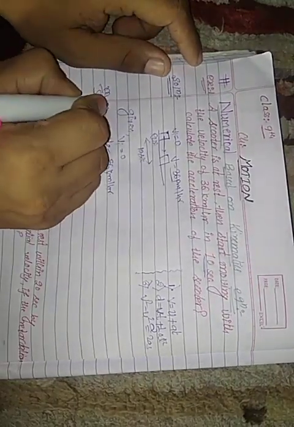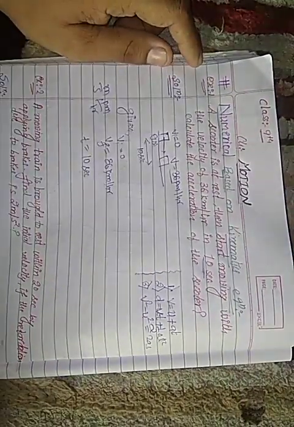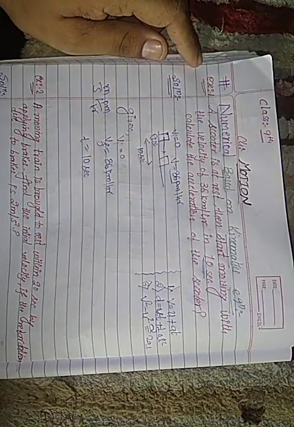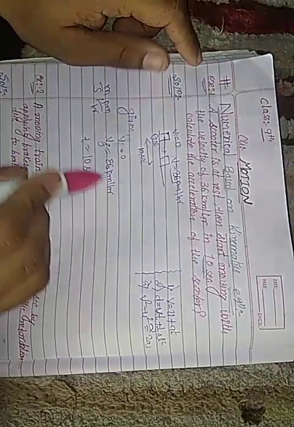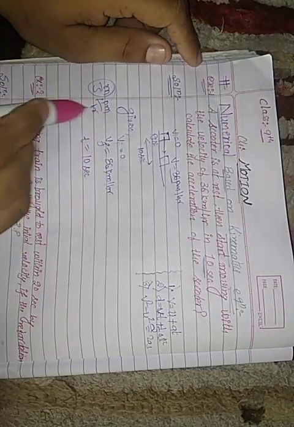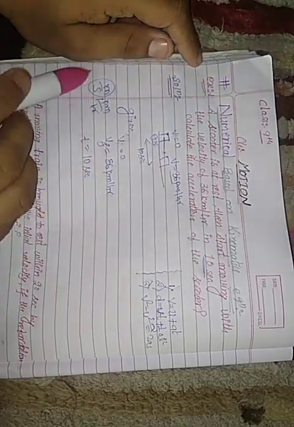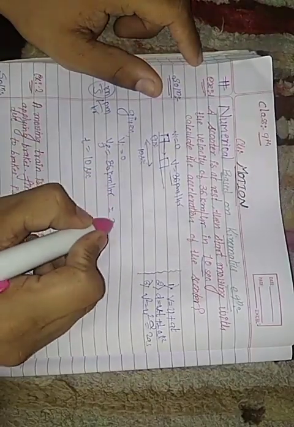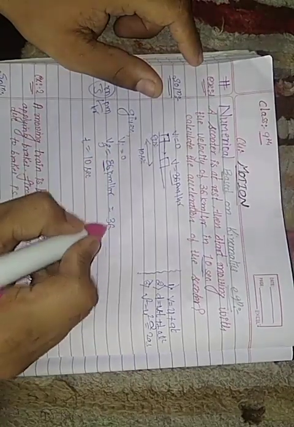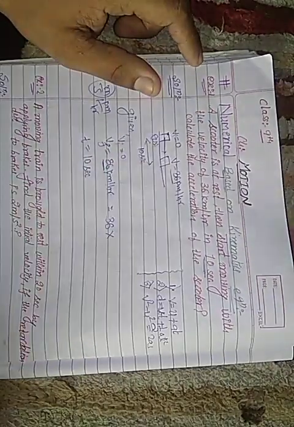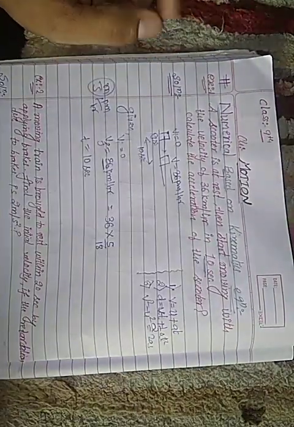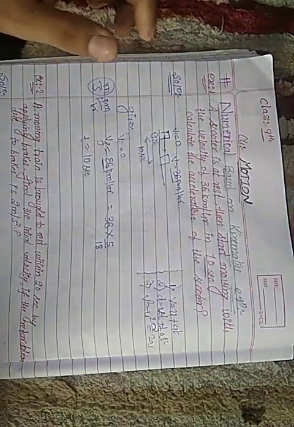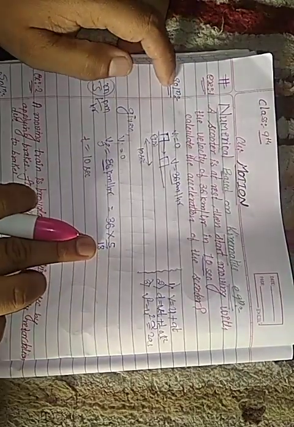We can also write kilometer per hour, but when solving a numerical, always convert kilometer per hour into meter per second. How to convert? Write the value 36, and multiply with 5 upon 18.